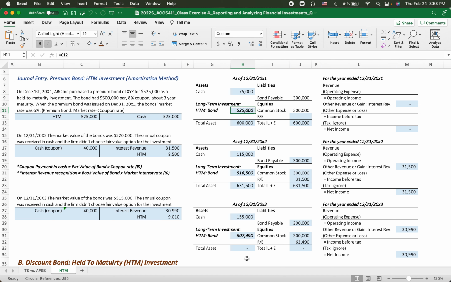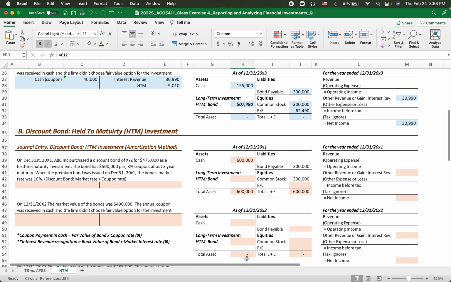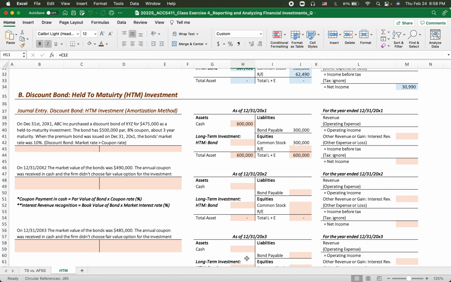You guys understood? Okay. Then here is totally opposite. This condition is totally opposite, which is a discount bond, when the market rate is greater than the coupon rate, right? In that case, let's assume that $475,000 is held to maturity. So held to maturity bond investment, 475,000, and here cash out.